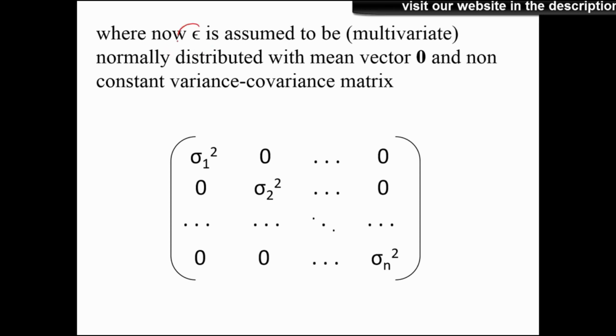We all know that epsilon is the error term, and it is assumed to have a multivariate normal distribution with a mean of 0 and a constant variance. Mean of 0 and variance is constant. Now we have the variance covariance matrix, and this relates to all the observations in your data set.